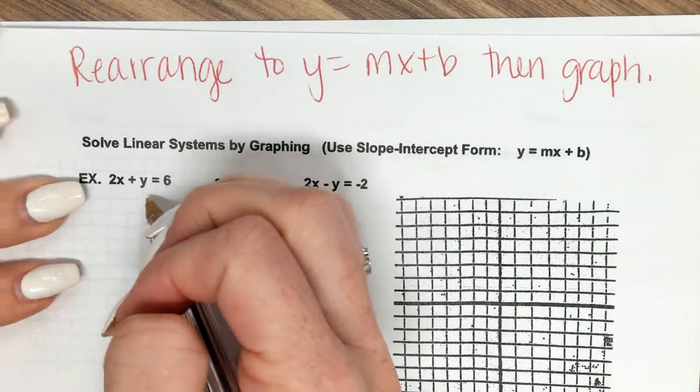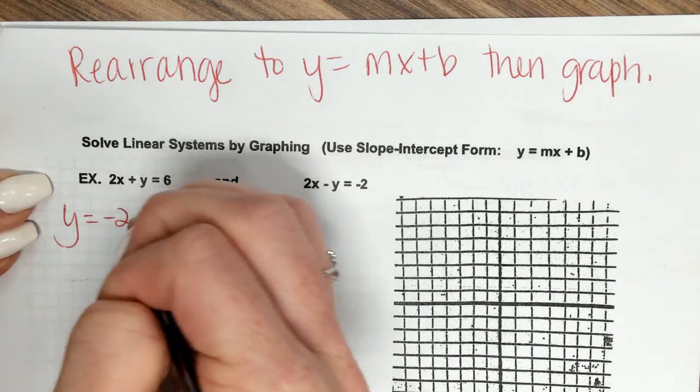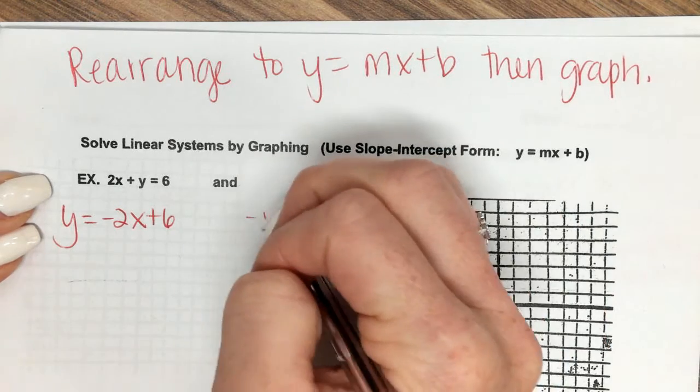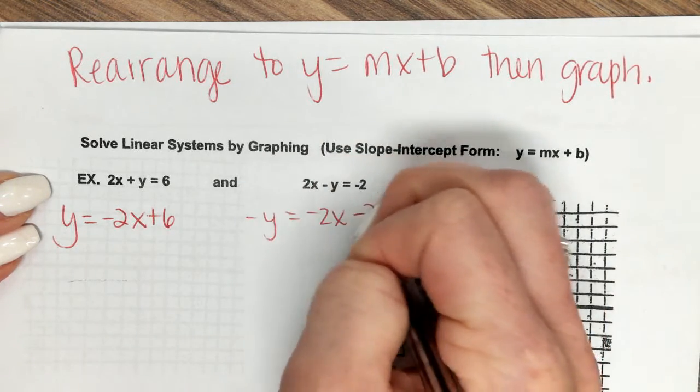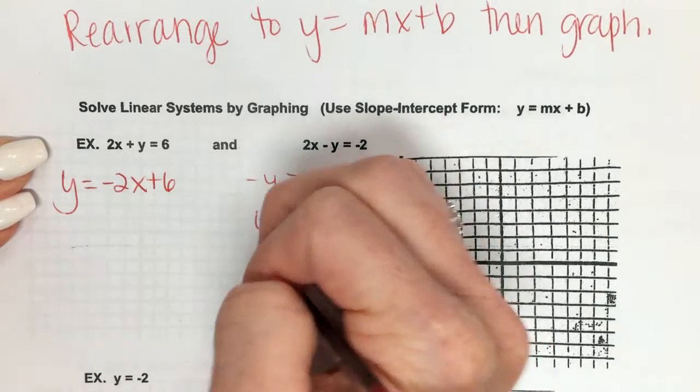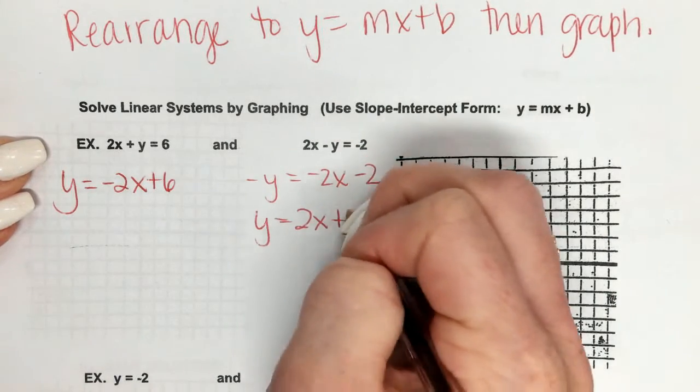Okay, so this equation, I have y equals -2x plus 6. This one, I have -y equals -2x minus 2, and then I've got to get rid of the negative. So it's just all going to become positive.